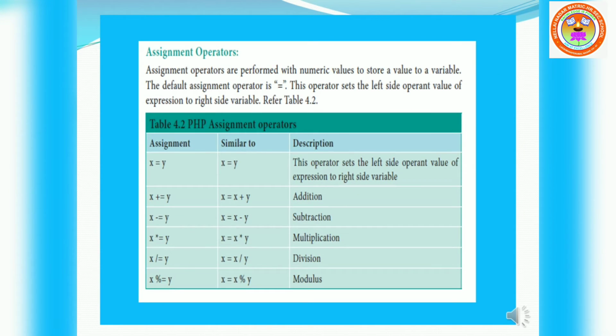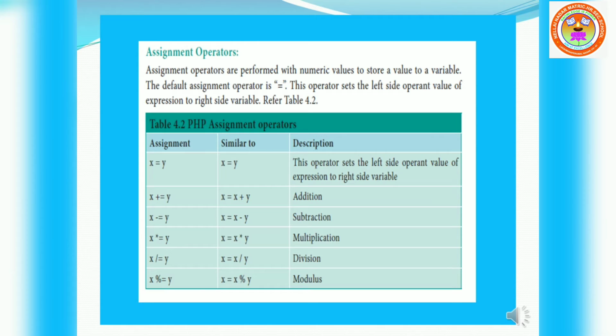Assignment operator. Assignment operators are performed with numeric values. One variable will be assigned one value. That is, one value will be assigned to one variable. So here the default assignment operator is equal to.